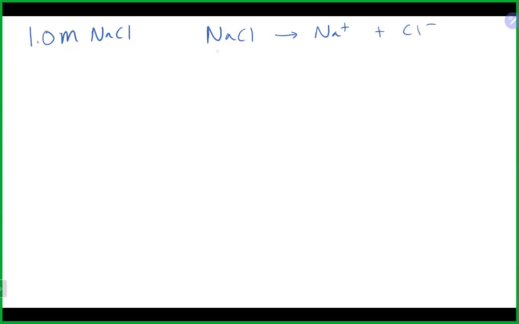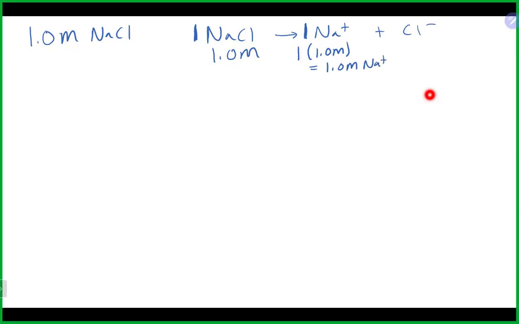The way that we can relate the concentration of the entire ionic compound to each of the ions is very similar to what we do with stoichiometry, which is kind of like a mole to mole relationship. For every one sodium chloride, I have 1 sodium ion. So the concentration of the sodium ions in that solution would be 1 times 1 molar, which means 1 molar sodium ions floating around.